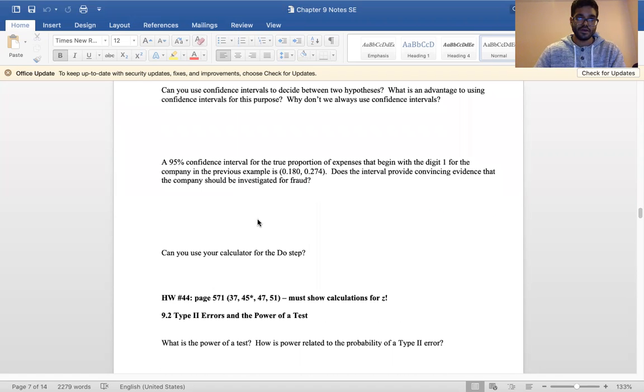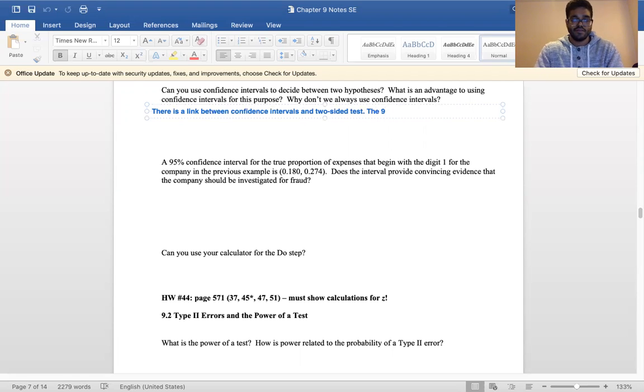So at least the next part, can you use confidence intervals to decide between hypothesis tests? So yes, there is a link between confidence intervals and two-sided tests.